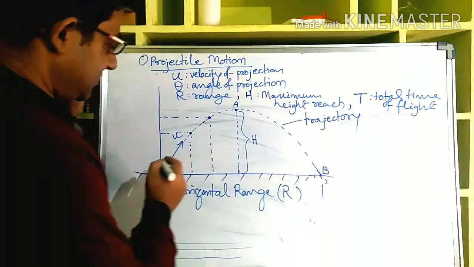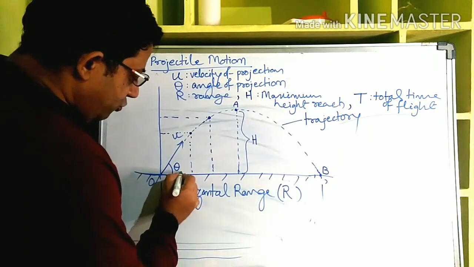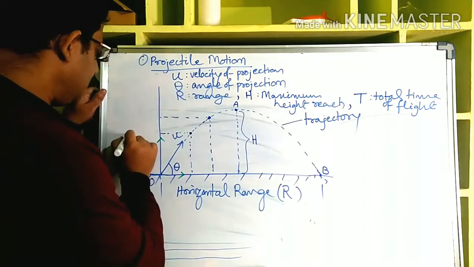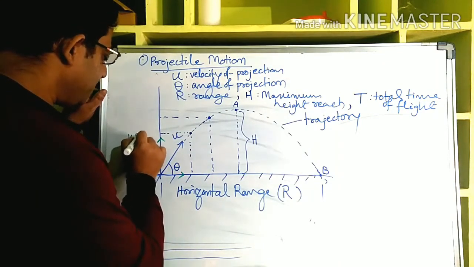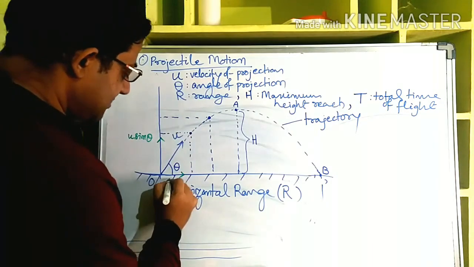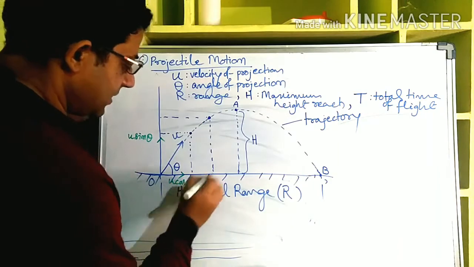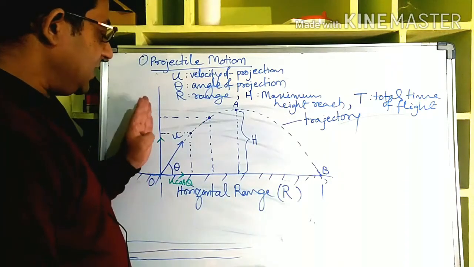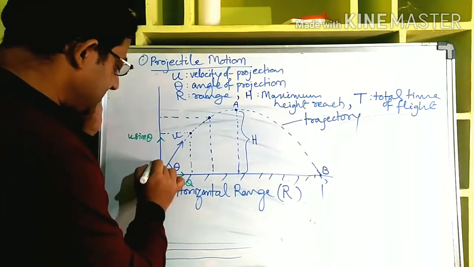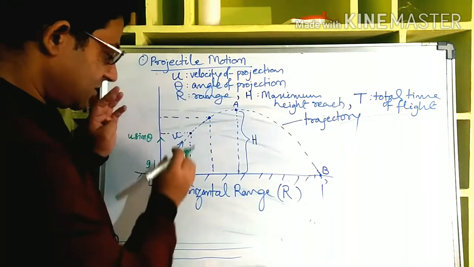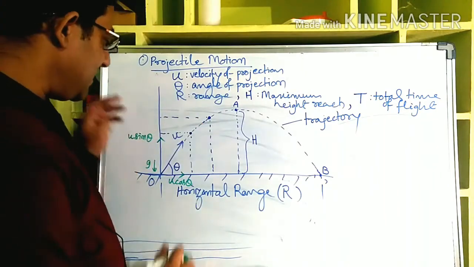Let us say this u is resolved into two components. One is a horizontal component, one is a vertical component. Clearly what we can say, this is u sin theta, this is u, so u sin theta, and this is u cos theta, right? Now see, the u sin theta component is subject to the acceleration due to gravity all the time. Earth is pulling this object downwards all the time, right?